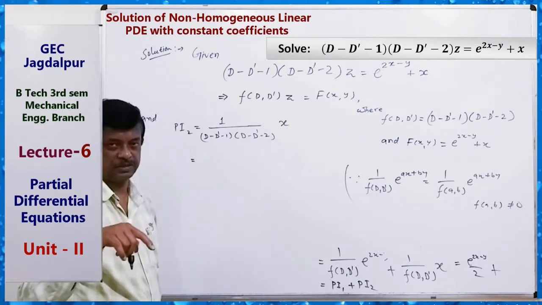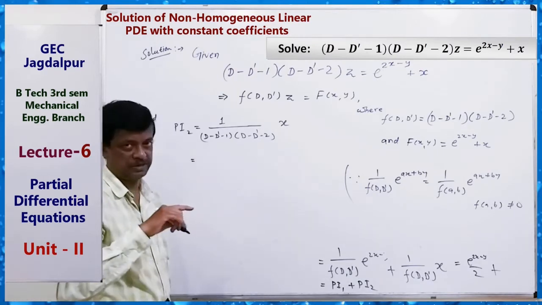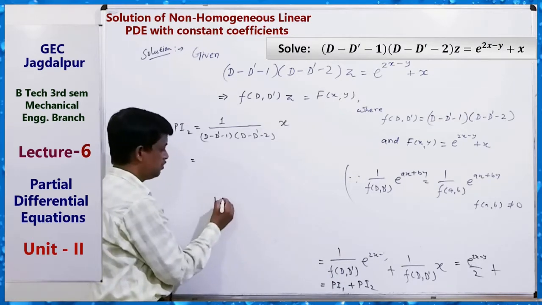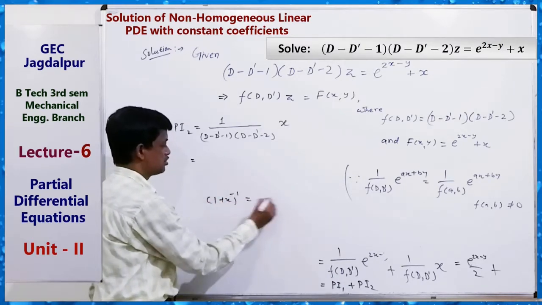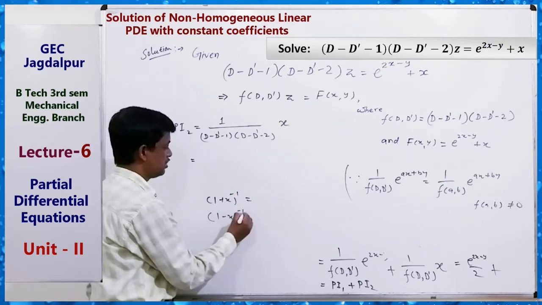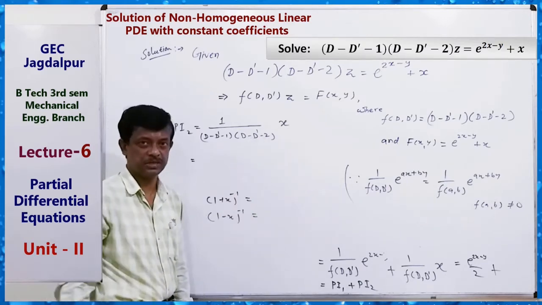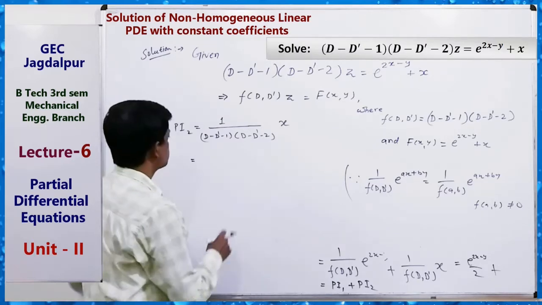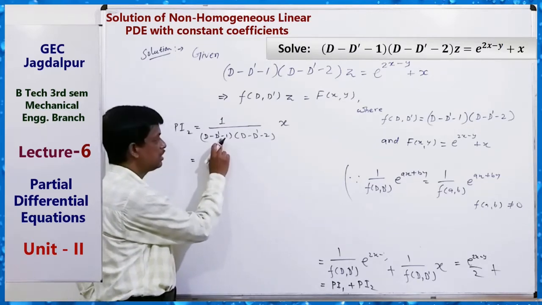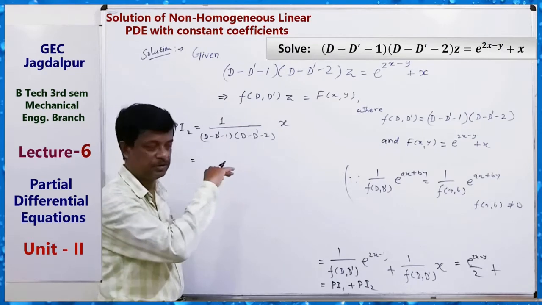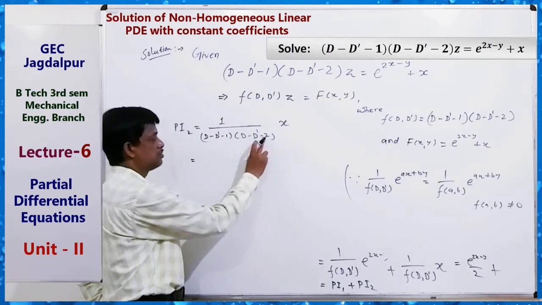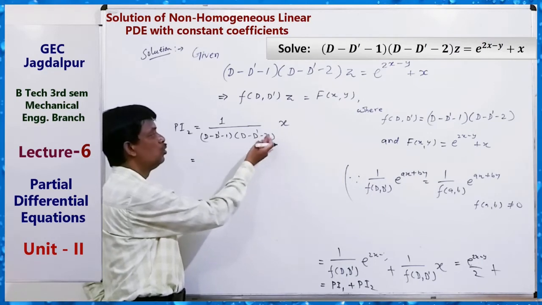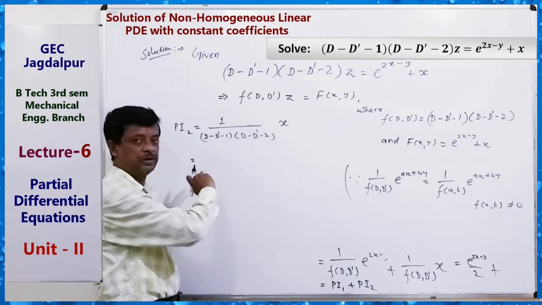Binomial expansion. We have to binomially expand. So we know the formula: 1 plus x to the power minus 1 equals 1 minus x to the power minus 1 equals the expansion. So here we have to expand this. From the first factor taking minus 1 common, from the second factor taking minus 2 common.